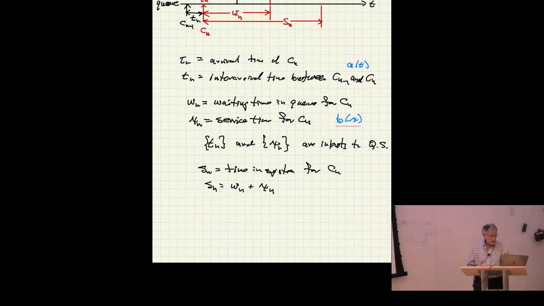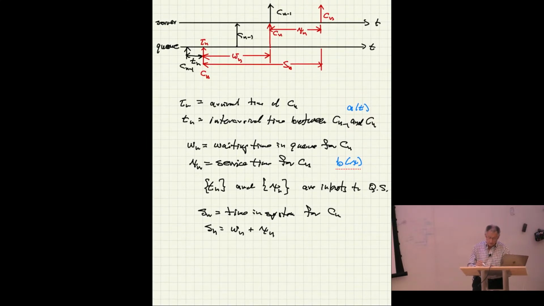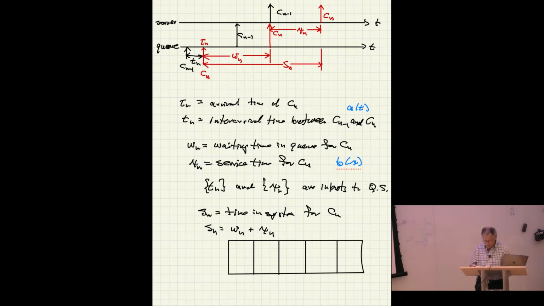What I do now is remind you of some of the variables. So I'm going to draw a box here with 5 columns, and I'm going to need 4 rows. So first of all, let's talk about the inter-arrival time.